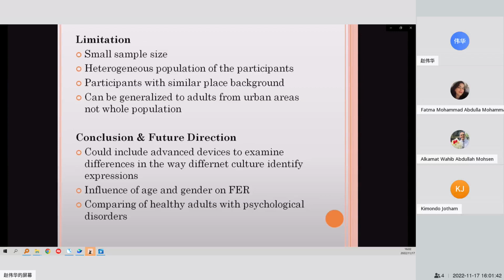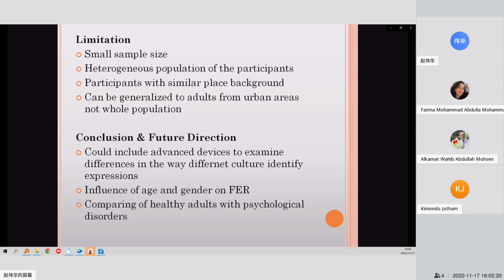This study could further be extended to include advanced devices like eye tracking devices to examine if there were any differences in the way different cultures identify expressions on faces or movement.